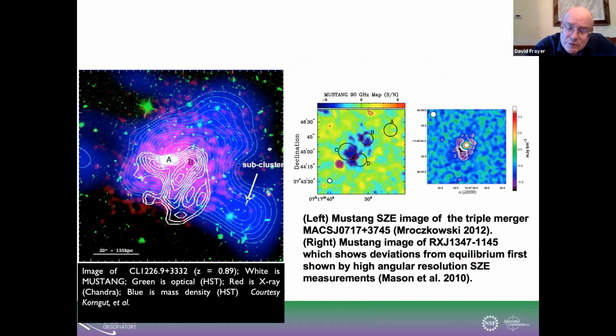There's a little bit of cluster work. Well, actually not a little bit, quite a bit of the work done by Mustang. Mustang is a continuum receiver that works at 3 millimeters. It's a bolometer array. So I don't know everybody's background. In traditional radio astronomy, a lot of times you take advantage of the wave-like nature of light to measure the phase information.